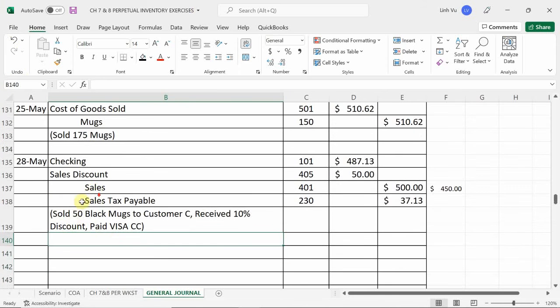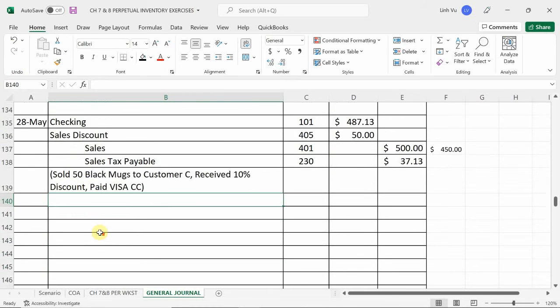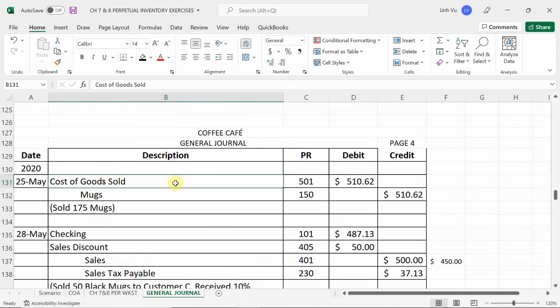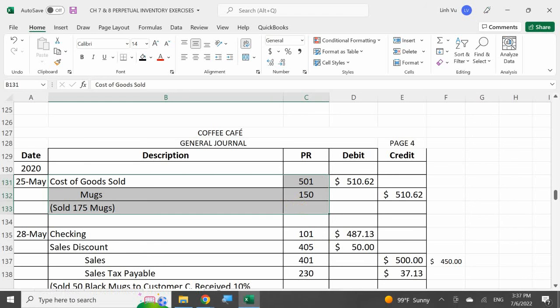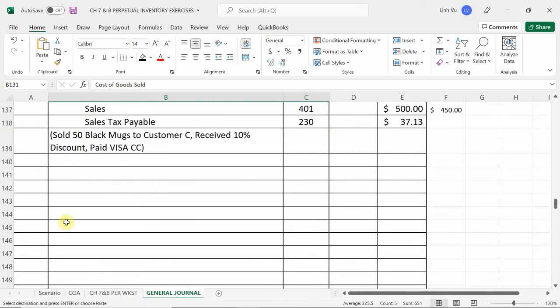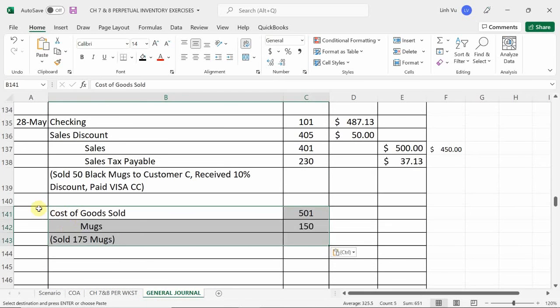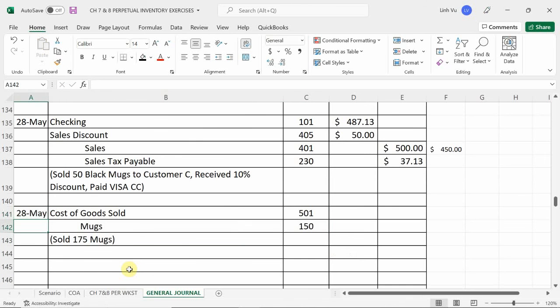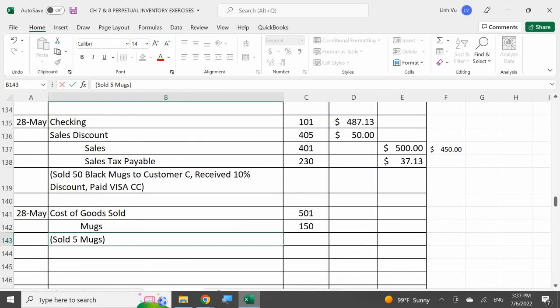So because we sold to them, right? We also need to update my inventory accordingly. And this time we sold the 50 black mugs.